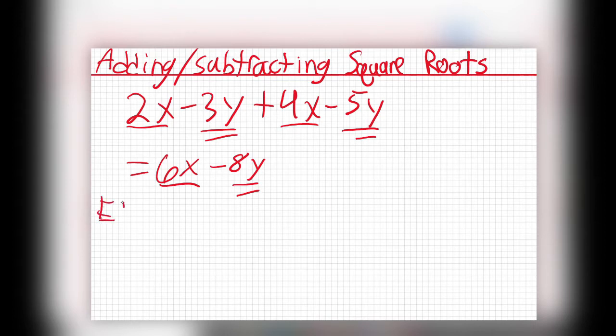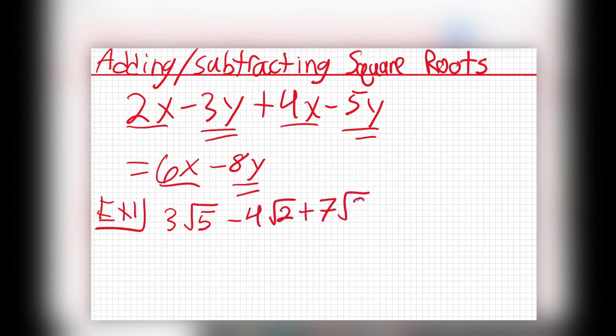So example 1 here. Let's say we were to have 3 times the square root of 5 minus 4 times the square root of 2 plus 7 times the square root of 2 minus 6 times the square root of 5. Now, here we have a square root of 5 and a square root of 2.